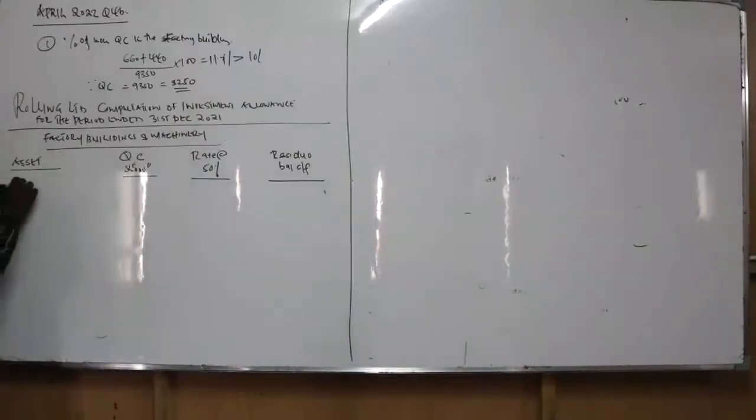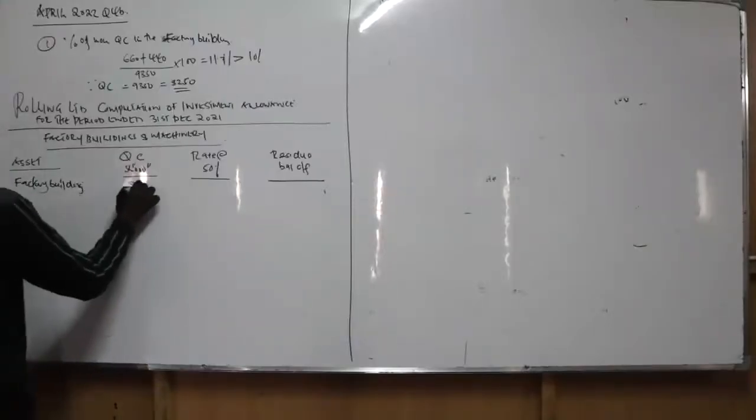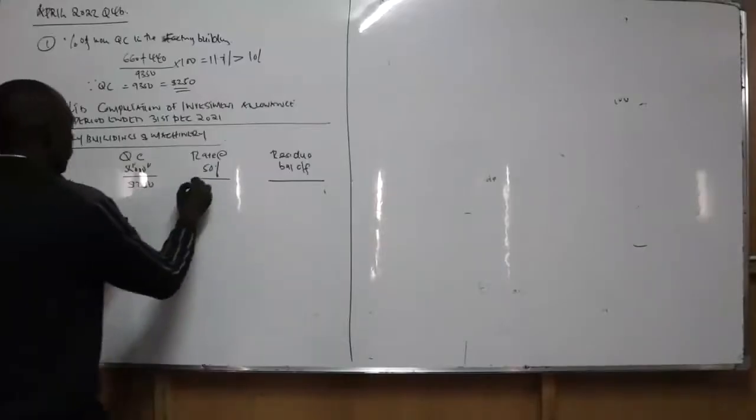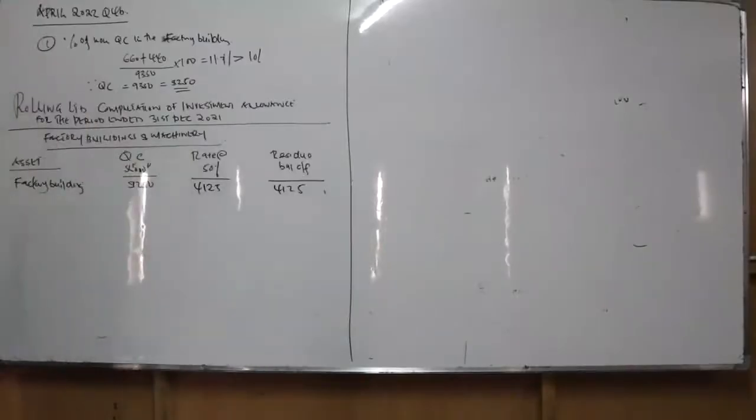So here we have the factory building. According to our computation, the one that qualifies is 8250. So 8250, we take 50% of that one. This will be 4125. So the 4125 will remain. Then the next, we identify the other items. So we have parking bay.